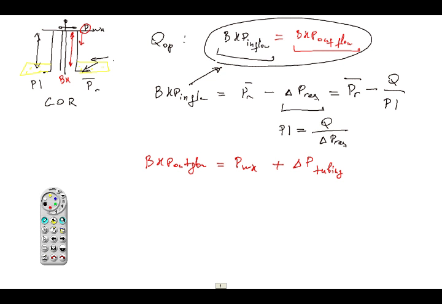We prefer to solve it graphically instead of doing this mathematically, which means that we prefer to plot our inflow performance relationship and outflow performance relationship on the same graph.